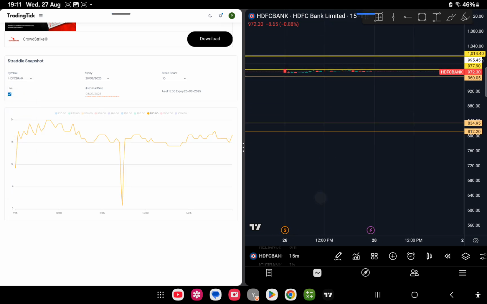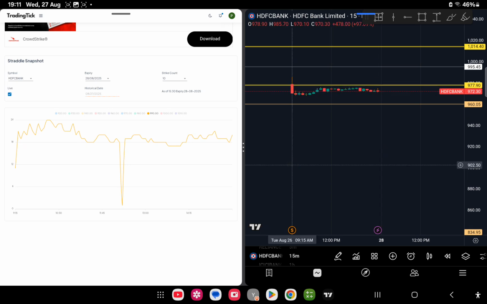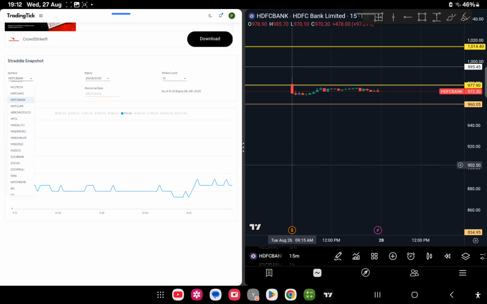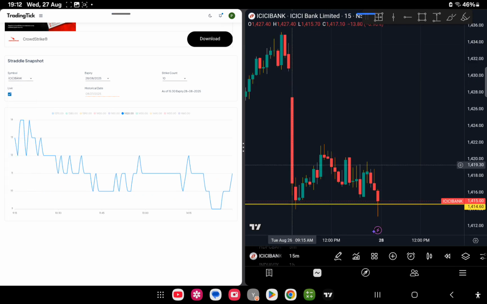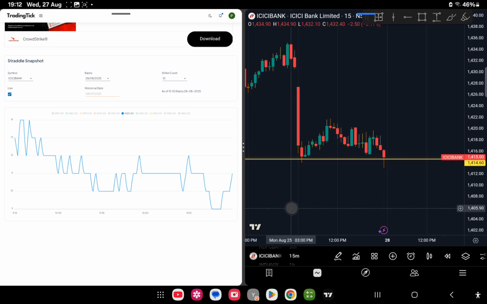HDFC Bank, when you check for open, let me zoom in. Open was 70, so again it came down to 10 points, which is very good. From 22 it came down to 10, which is very good decay for HDFC Bank. So I don't understand the concept how they have calculated for all this straddle from 2008 just came down to 900. Yeah, that's pretty difficult for me to understand.